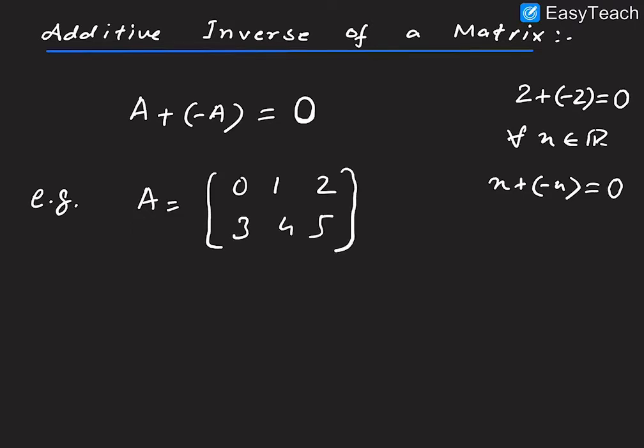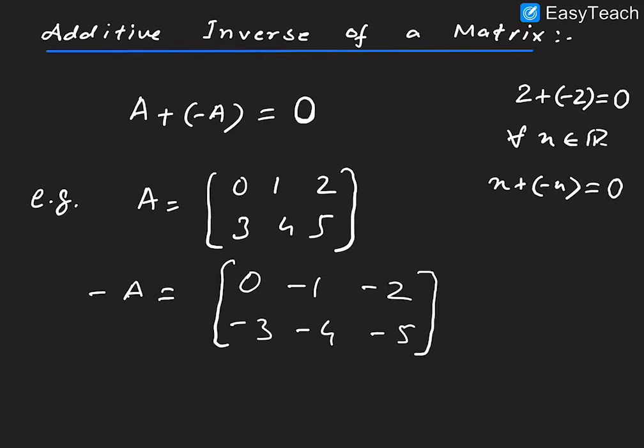Then take the negative of A. For 0, no need to write positive or negative. Non-zero elements you need to change the sign. So 0, minus 1, minus 2, minus 3, minus 4, minus 5. This minus A is the additive inverse of A, and A is the additive inverse of minus A. These are the additive inverses of each other.